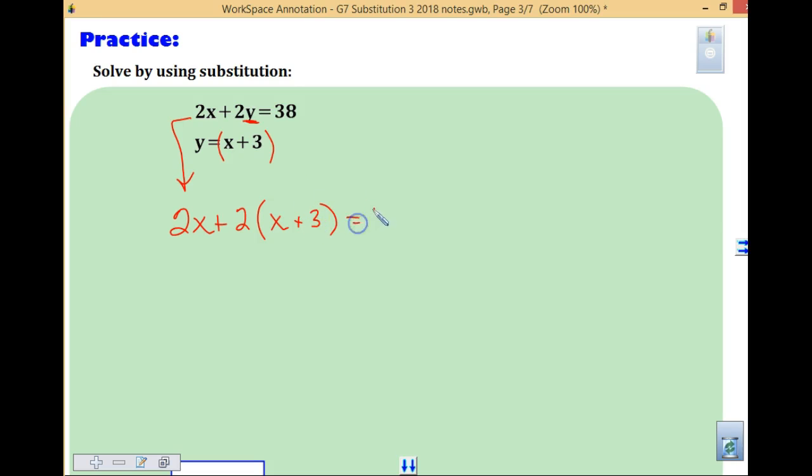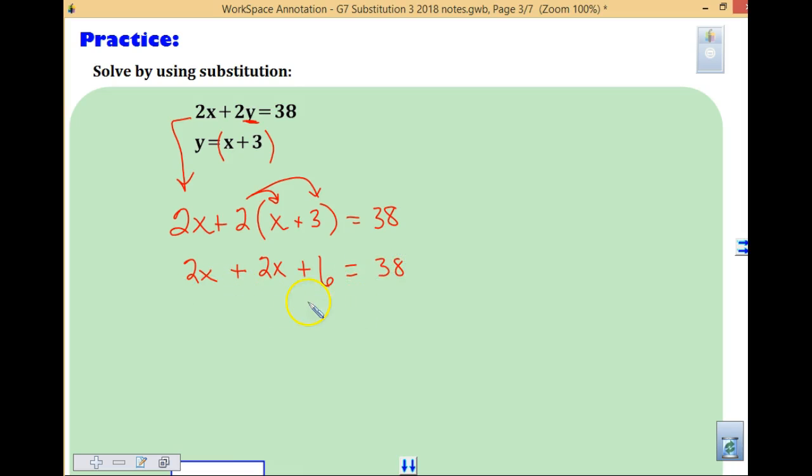And we're still going to have that equals 38. So now we're going to use our distributive property. As I do that, I'm going to have 2x plus 2x, and then if I continue multiplying, plus 6 equals our 38.